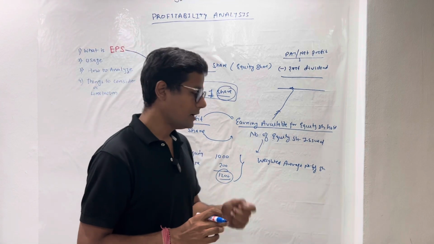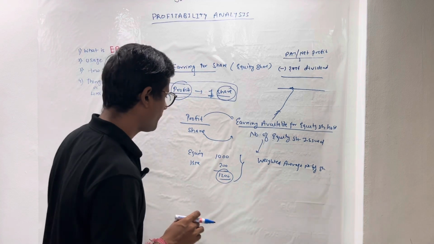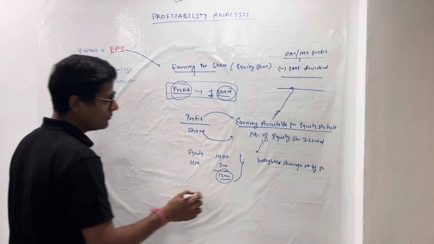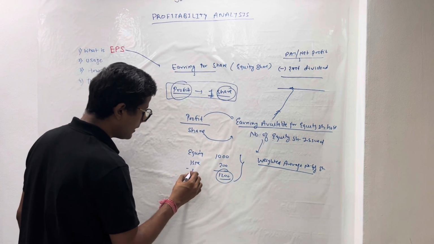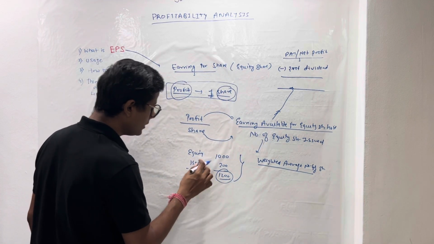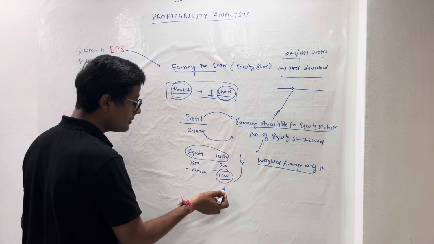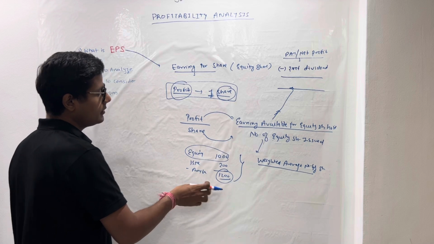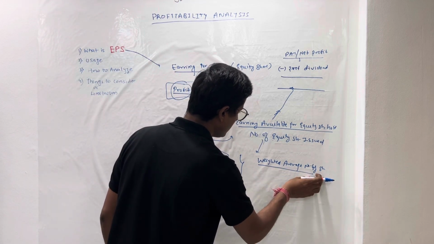The calculation part we will discuss in the next video along with a few other elements of EPS. If there are issues or buybacks during the year, so the equity shares issued change from the beginning till the end, then we have to calculate the weighted average number of equity shares issued.